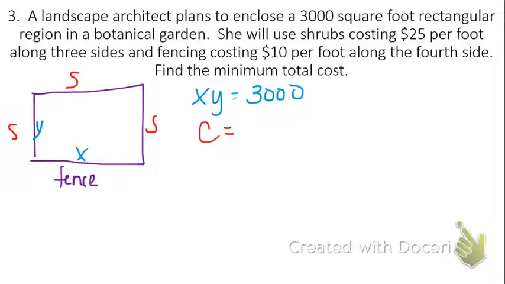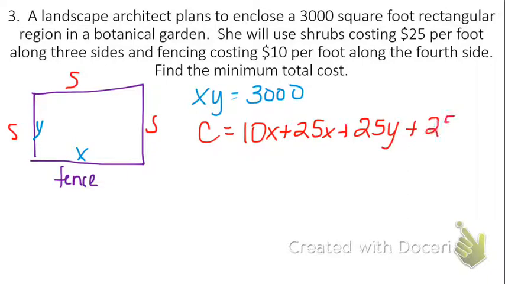So it's going to be 10x plus 50y plus 25x. x and y are the length of the sides. Okay, so it's 10x plus 25x plus, if you want to go ahead and write 50, that's fine. I'm just writing it out so you can see each side was multiplied by the cost on that side.